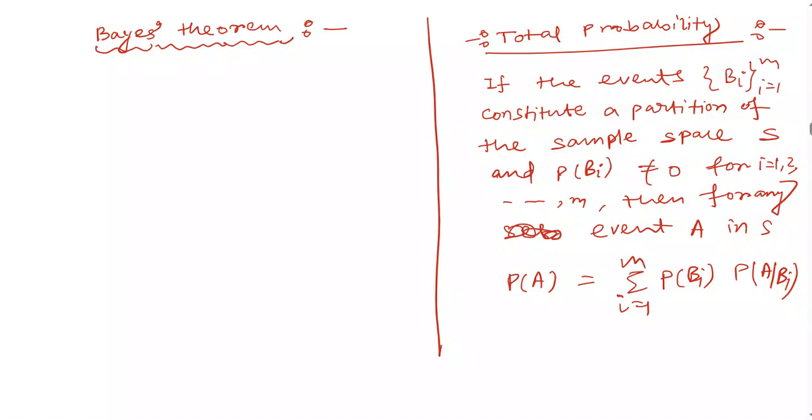That is known as the formula of total probability.